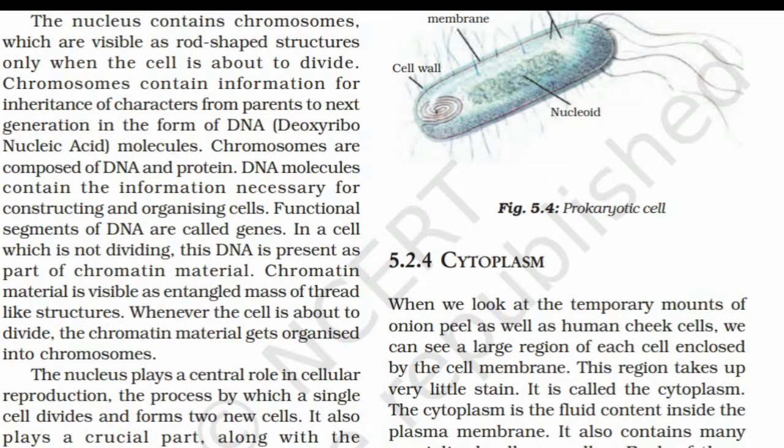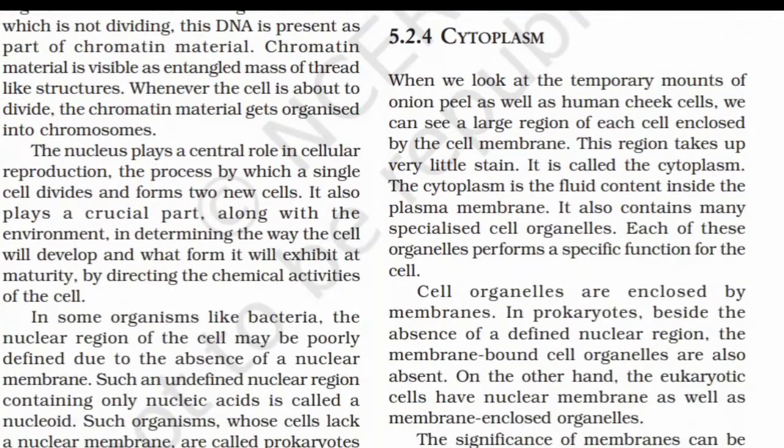So first the chromatin material is entangled and messy, and when the cell has to divide, it becomes organized. It gets a proper structure like the rod-like structures of chromosomes, and these chromosomes contain DNA and proteins, and the DNA contains genes, which are nothing but functional parts of DNA. The nucleus plays a central role in cellular reproduction. So what is the central role, the important function of the nucleus?